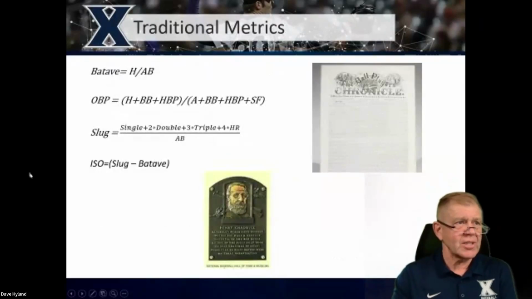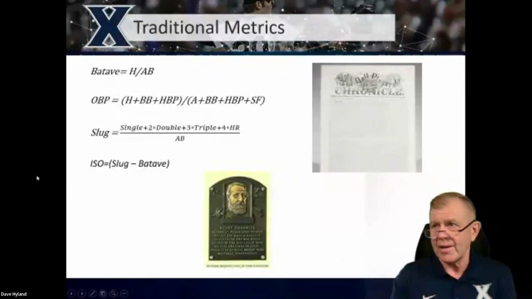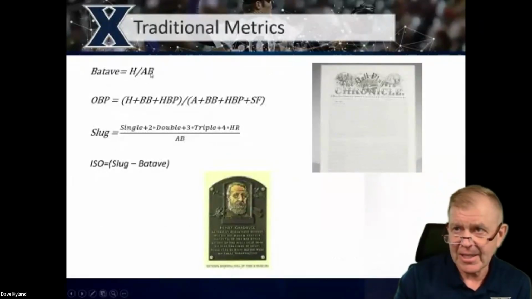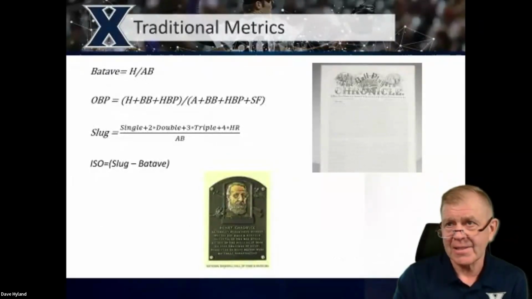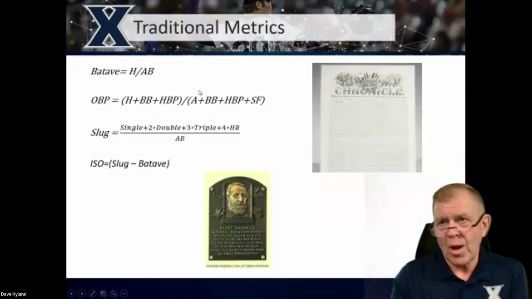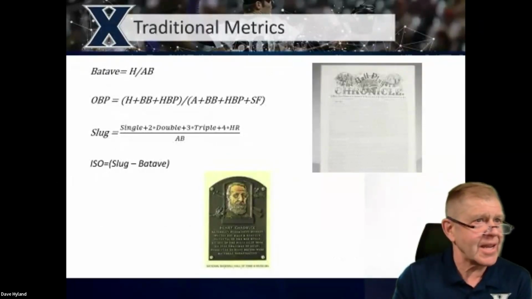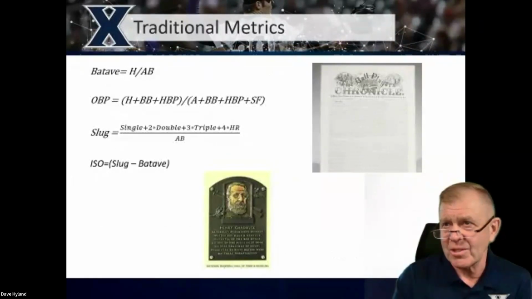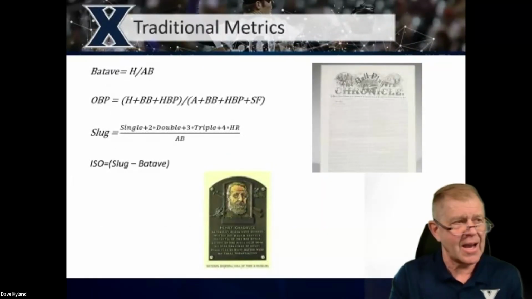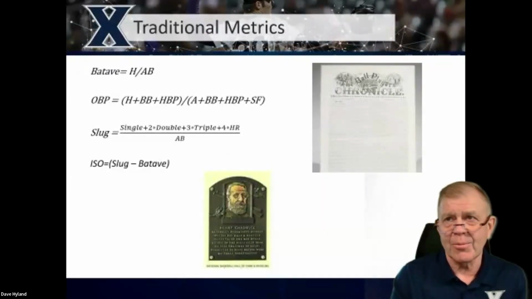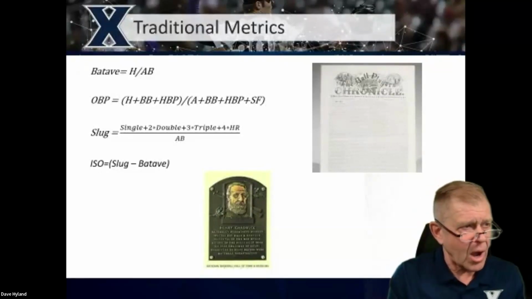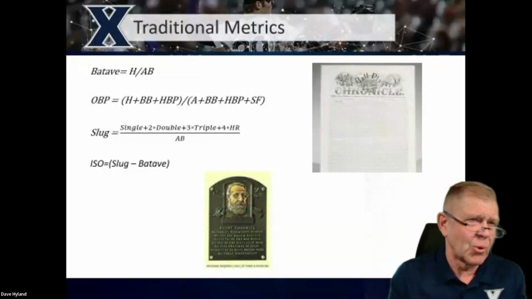All right, so let's look at some of the traditional metrics, right? The traditional metrics we're used to are batting average, hits divided by at bats, on base percentage, right? So back in the early days when the game was created and they were still trying to decide what was valuable, walks were really more of accidents.